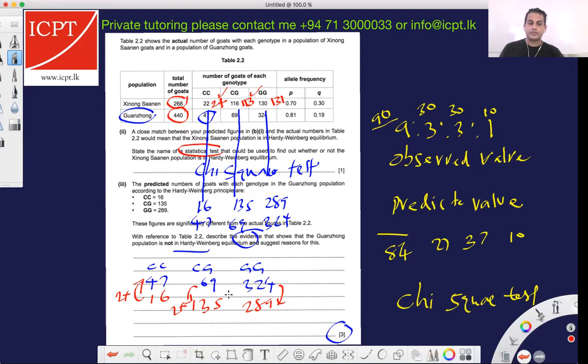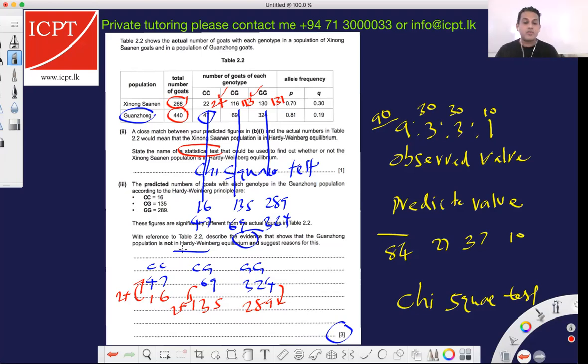So these are the things we can say. With reference to the table, the evidence shows that the Guangdong population is not in Hardy-Weinberg equilibrium.